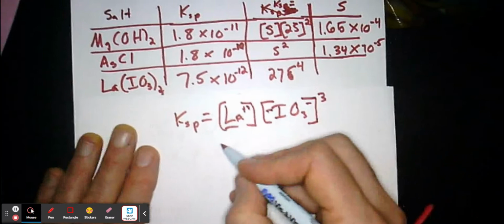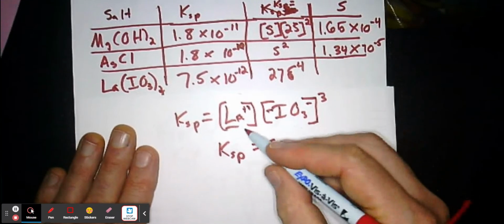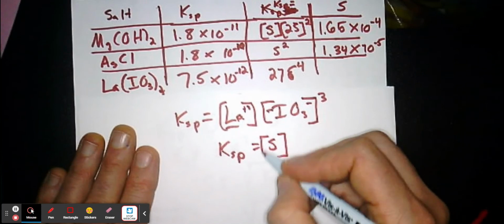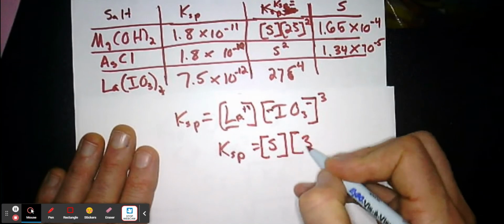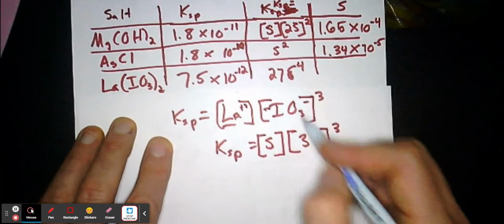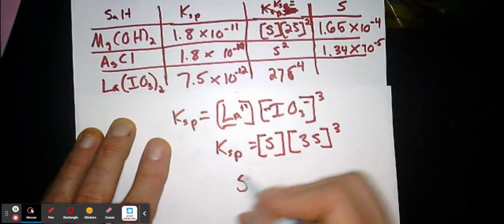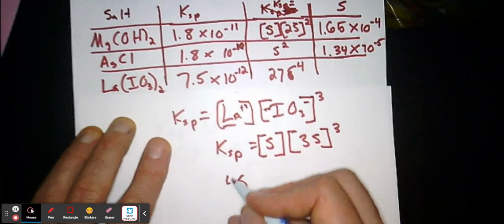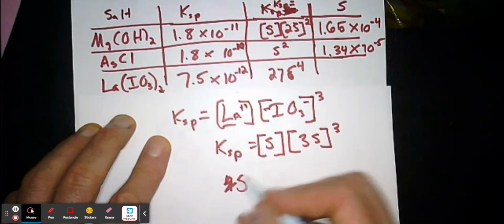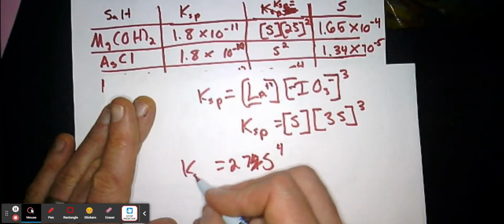And so my Ksp is going to be equal to S, whatever amount of this, and that's going to be 3S cubed. So I'm going to get this when I multiply these together. So S to the fourth, and that's going to be 27. It's going to be Ksp.